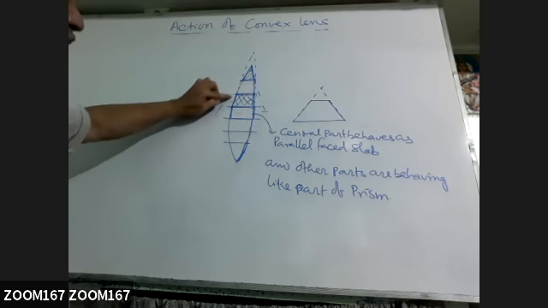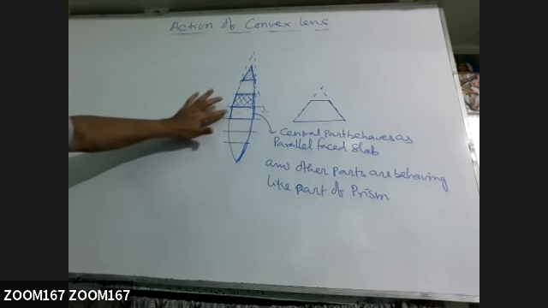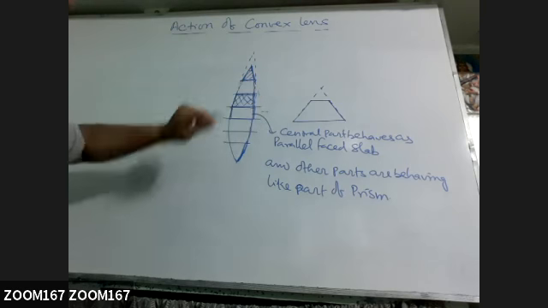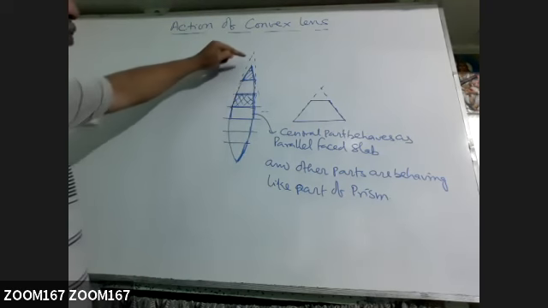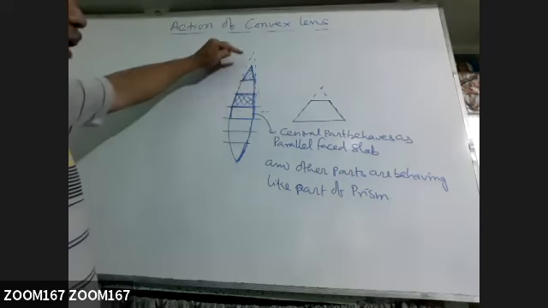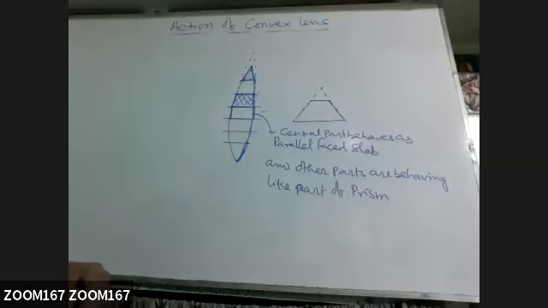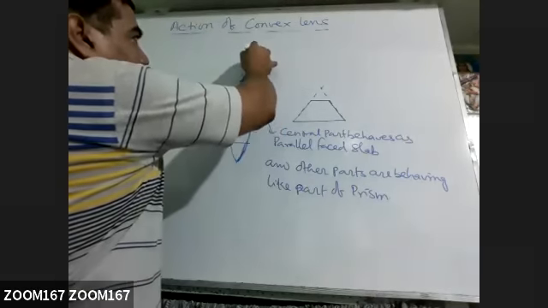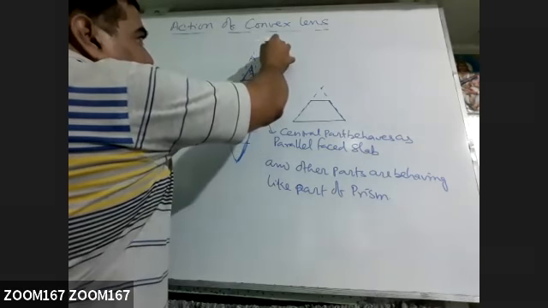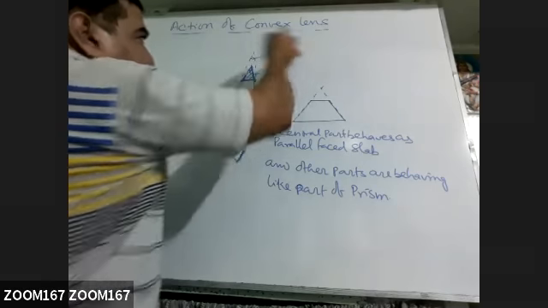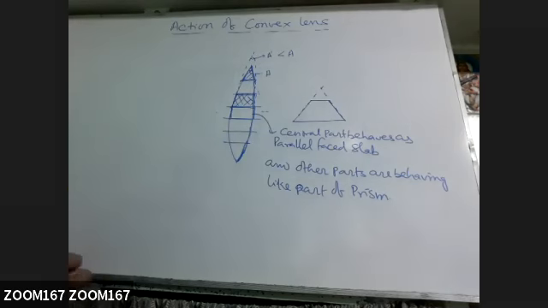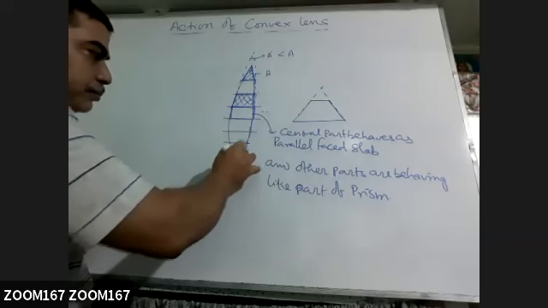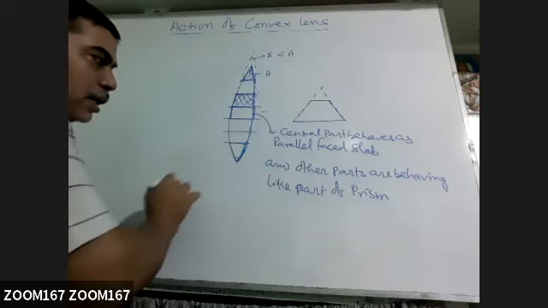What is the difference? This is part of a prism, the material is the same, but the angle of prism is less. So if this is the angle of prism, suppose A, and this angle of prism is A dash, this A dash is less than A. Similarly, this side, this is the angle of prism.